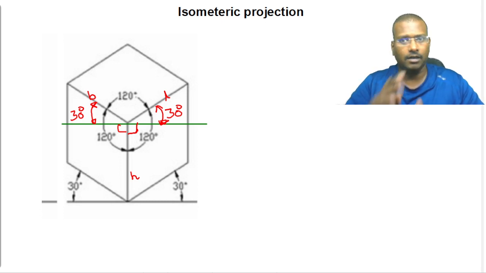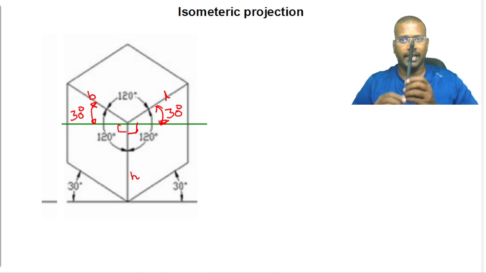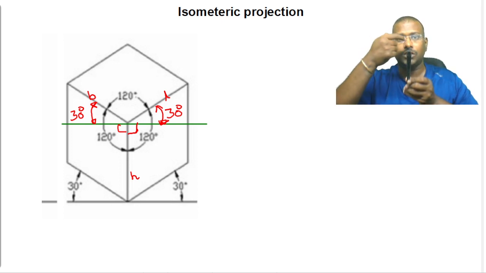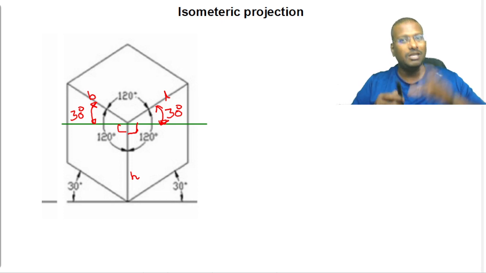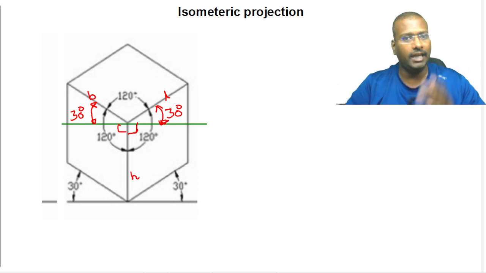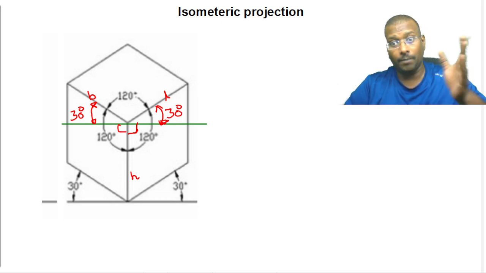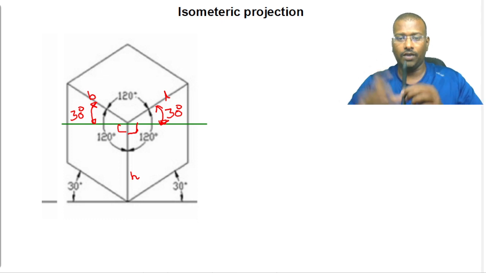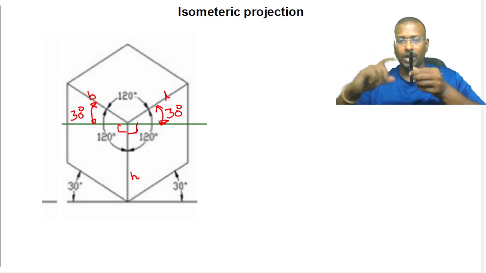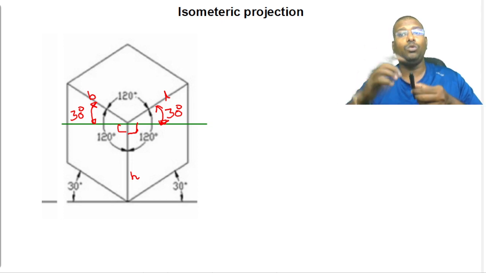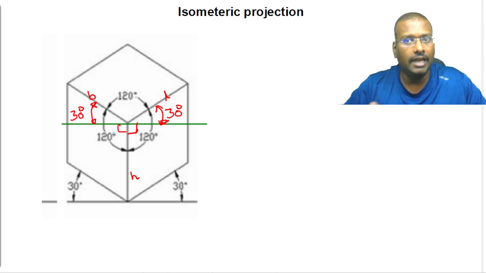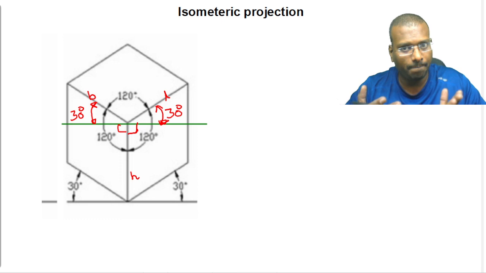But here the height line, if it is tilted like this, will appear as vertical only, but how much it is reduced we cannot get from this diagram, but from the principle we can know it. For this, if you view from the side view, it is going to rotate for 45 degrees. Then how do we get the relation between true lengths and the view lengths, that is projection lengths?